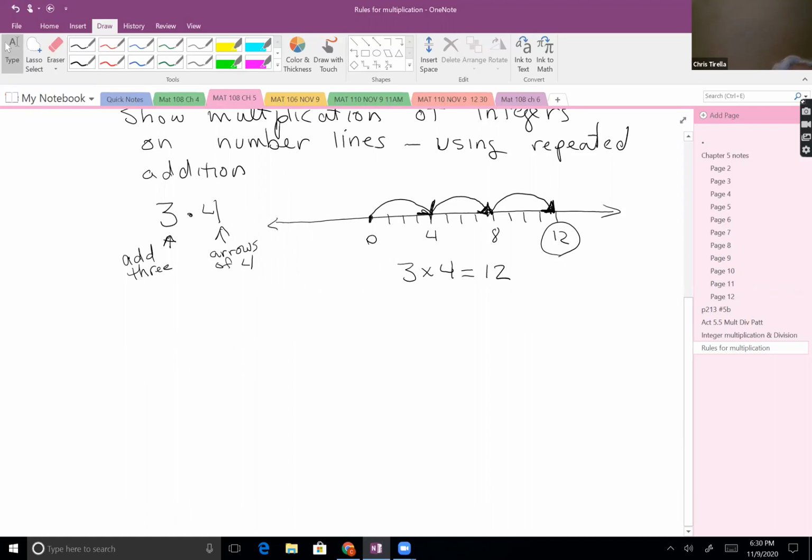So far, so good. So then if I wanted to look at 3 times negative 4, I would add 3 groups or 3 arrows for negative 4.